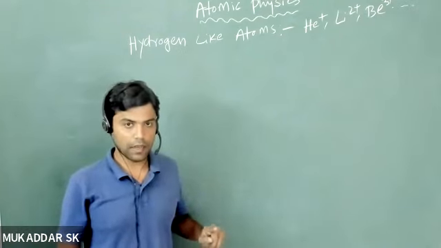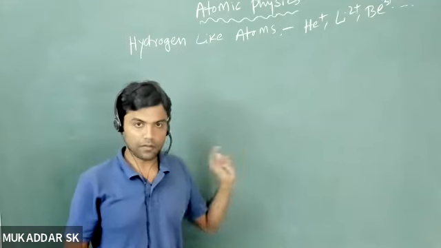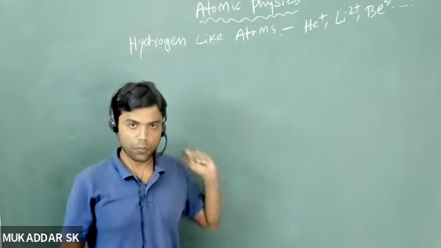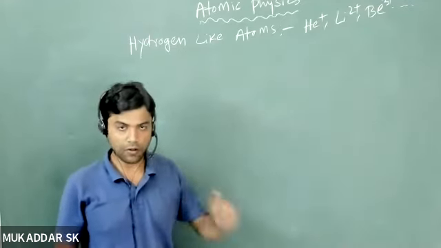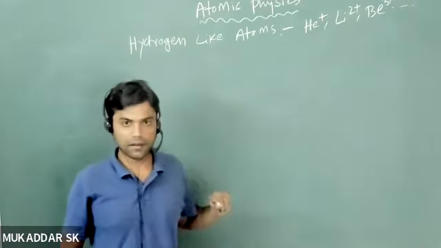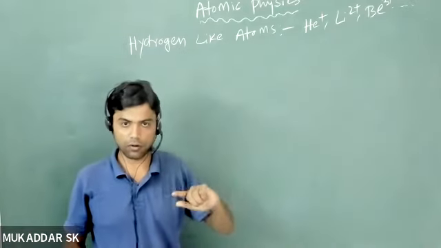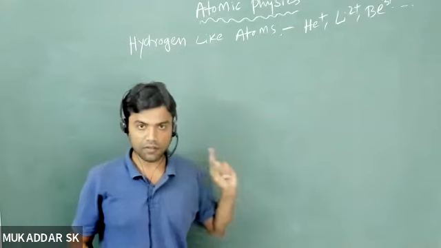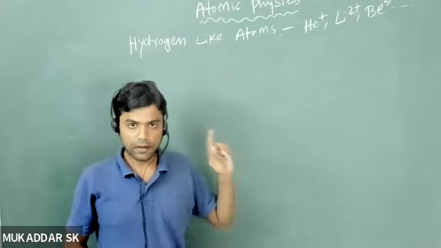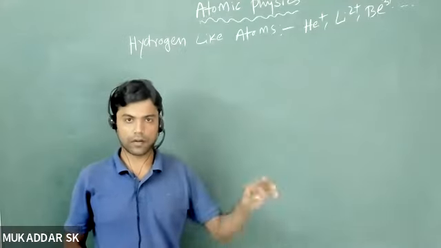Similarly, lithium 2 plus has only 1 electron, but 3 protons and 3 neutrons. Due to this 1 electron, it is called a hydrogen-like atom, because hydrogen has only 1 electron.